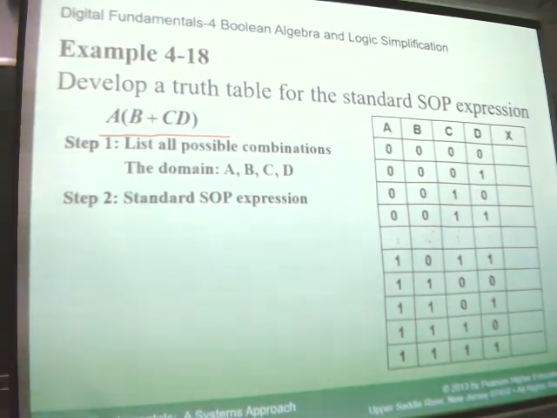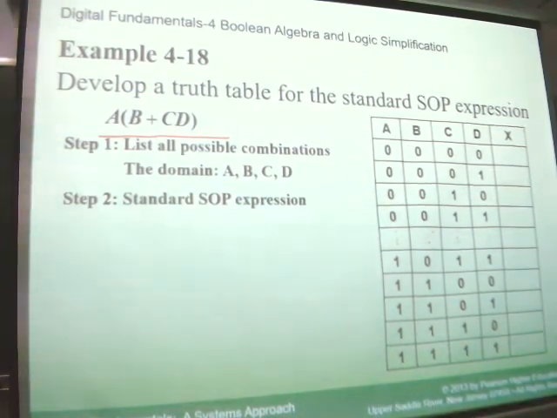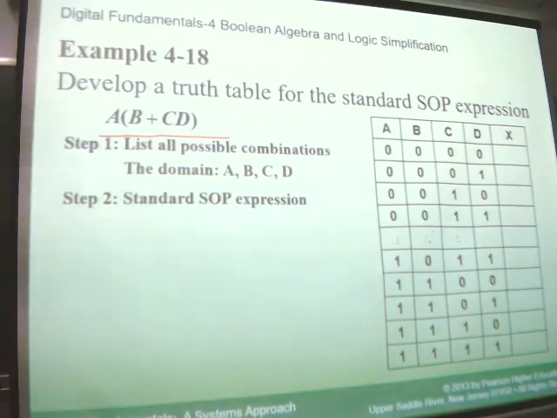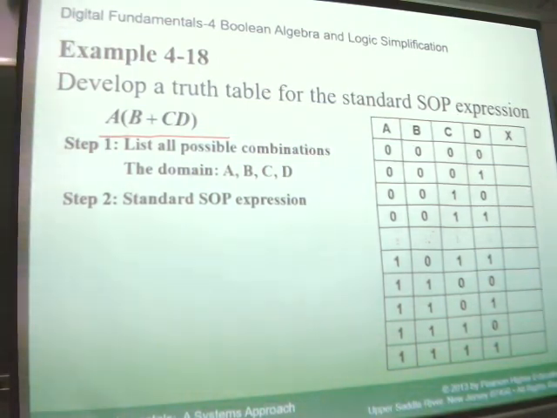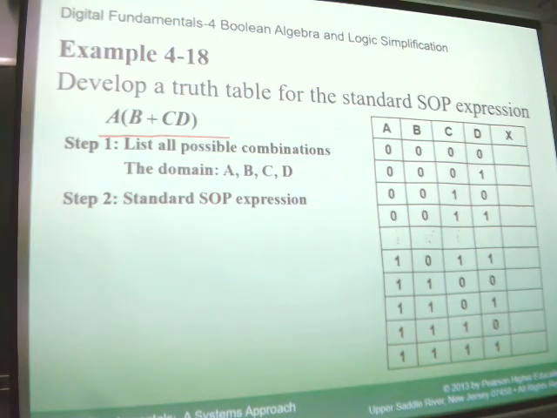Plus this expression is equivalent to A, B, C, D. But A, B, C, D we have already written, so we don't need to write it again.